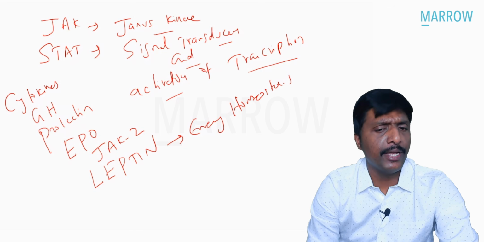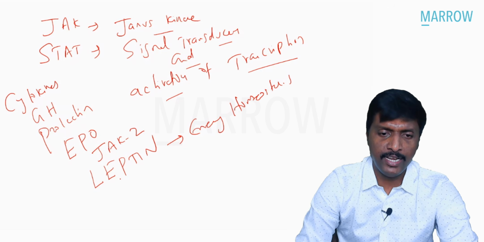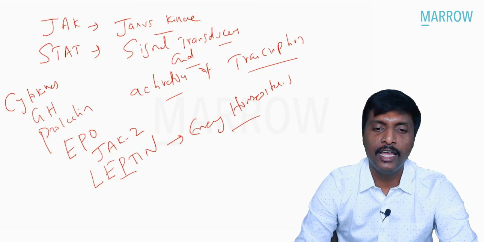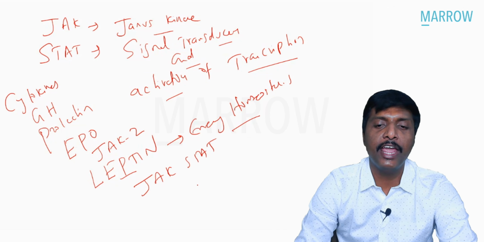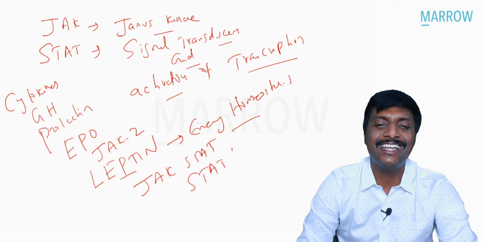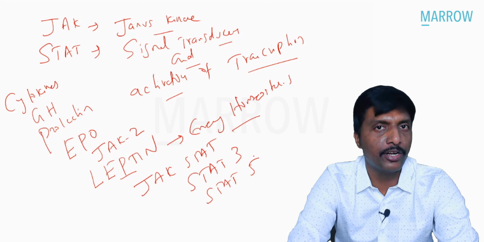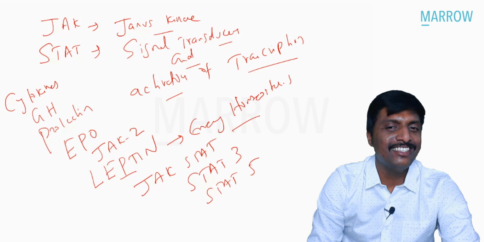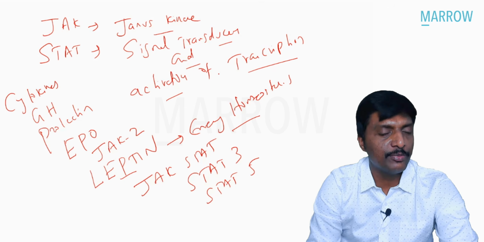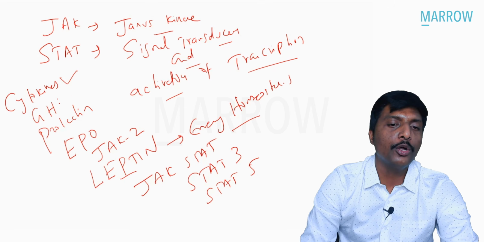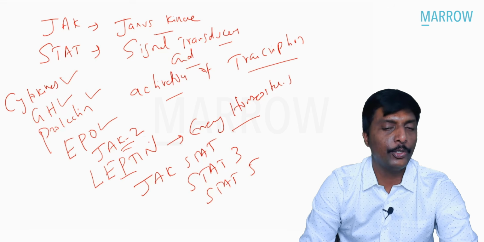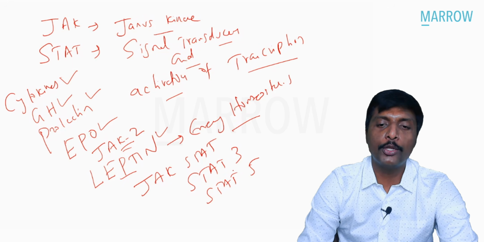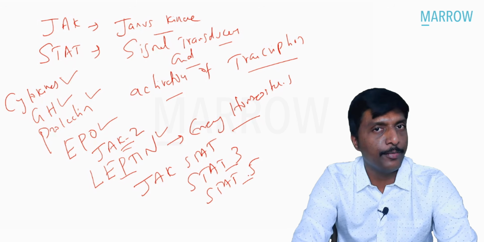It is regulating appetite or satiety. Leptin particularly uses this JAK-STAT pathway, exclusively STAT3 and STAT5. Very important. Janus kinase, signal transducer and activators of transcription, used by cytokines, growth hormone, prolactin, erythropoietin, which is using JAK2, and leptin, which is going to use STAT3 and STAT5.